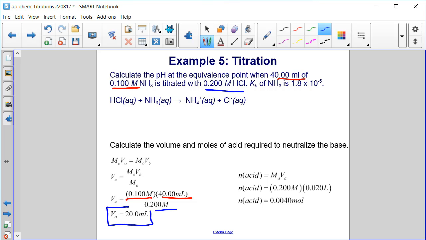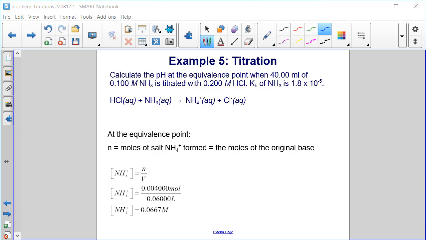So the equivalence point happens after 20 milliliters of acid is added in the titration. Now, the moles of acid at that point are just the concentration times the volume, or 0.0040 moles. And remember that what we're saying here is that the moles of acid equal the moles of base at the equivalence point.